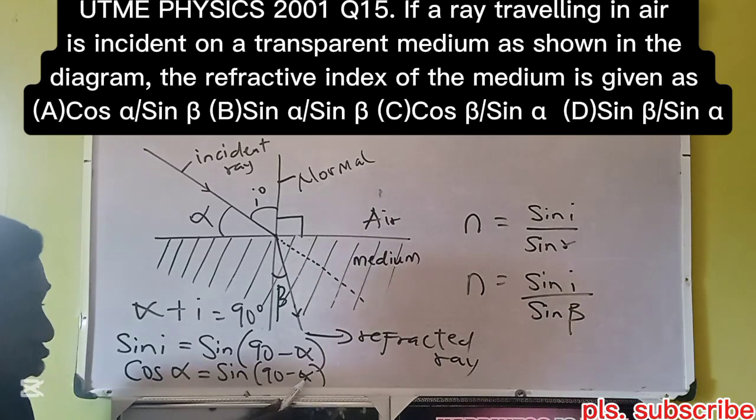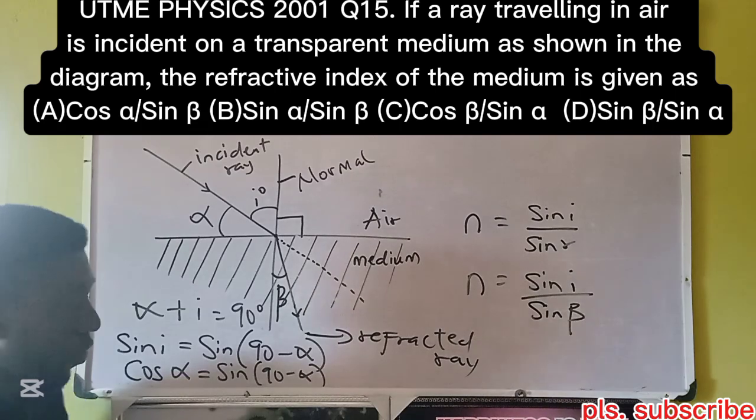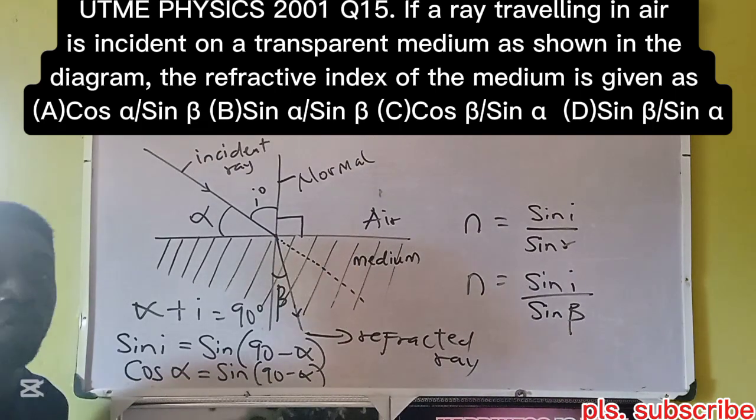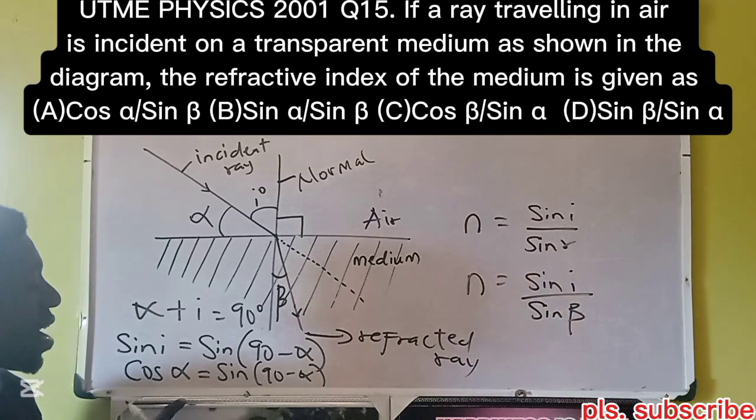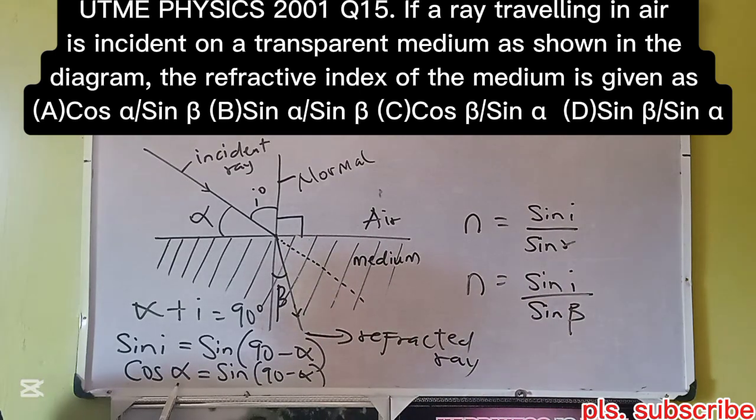Okay, go and do cos of that angle there, that alpha. Cos of 60 will also give you what? Half. Please take note of this. It's one of the trigonometric equivalents that every student must know. Trigonometric equivalents. That cos alpha is the same thing as sine 90 minus alpha. In the same way, sine alpha will be cos 90 minus alpha.